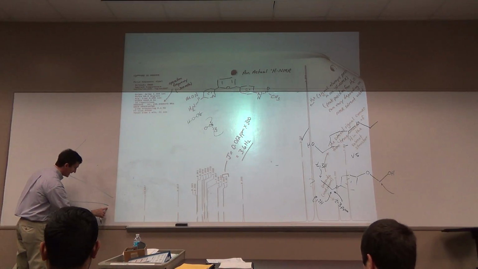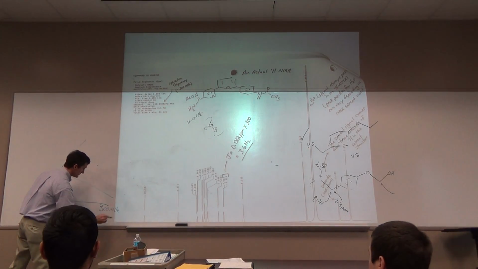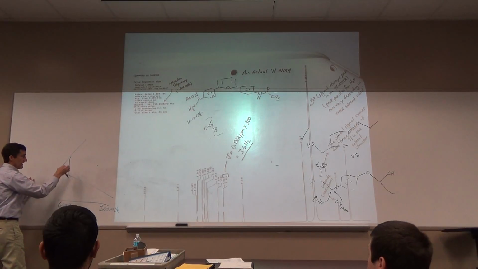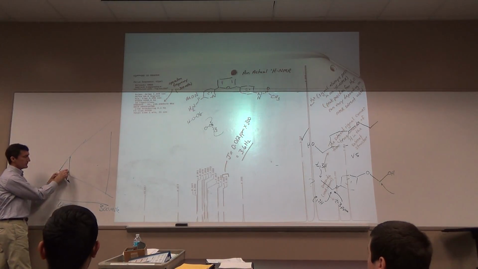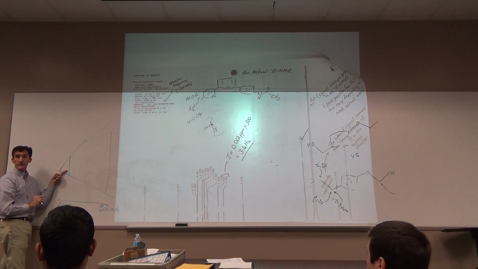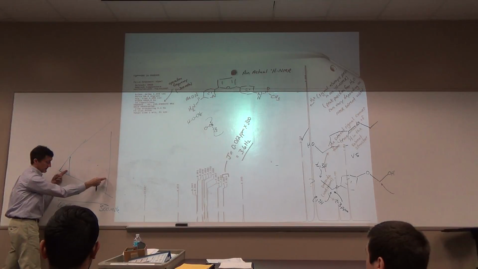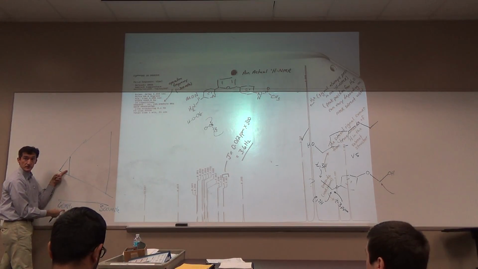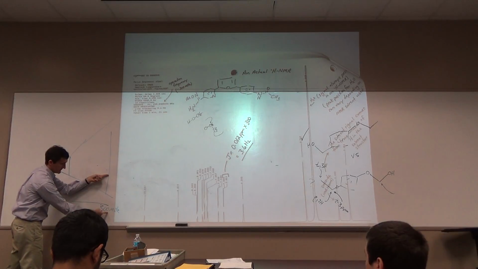If we go to a bigger magnet, we may get something like 300 megahertz. Now this is energy, but of course, energy can be converted into frequency. Higher energy, higher frequency, and this is frequency, hertz.